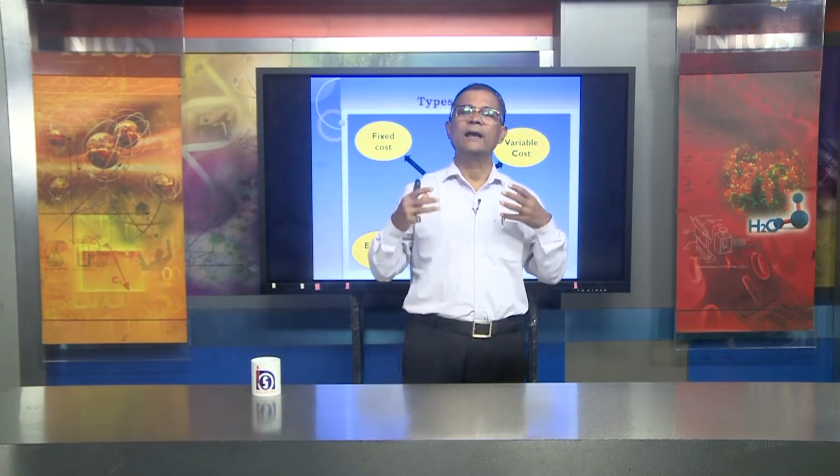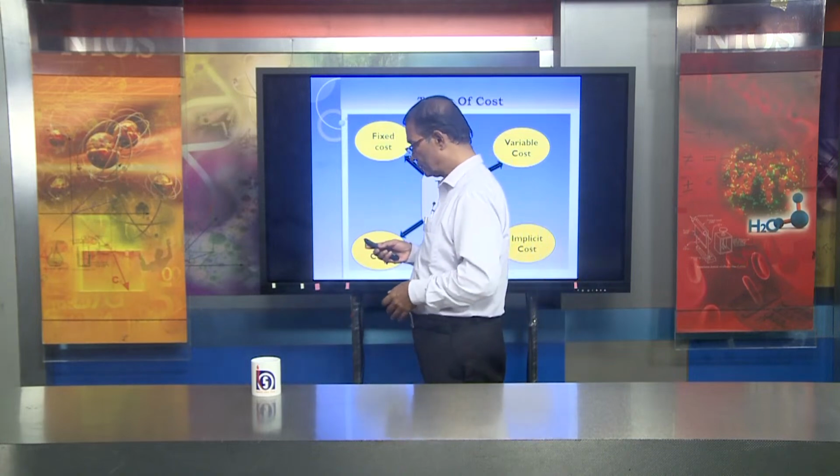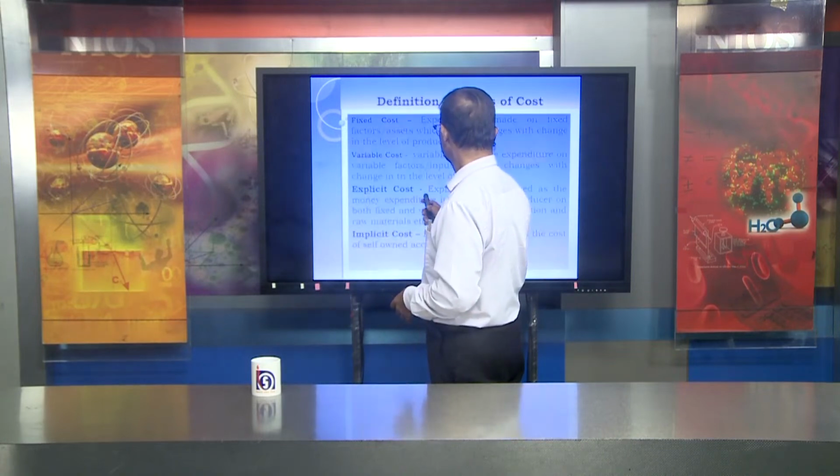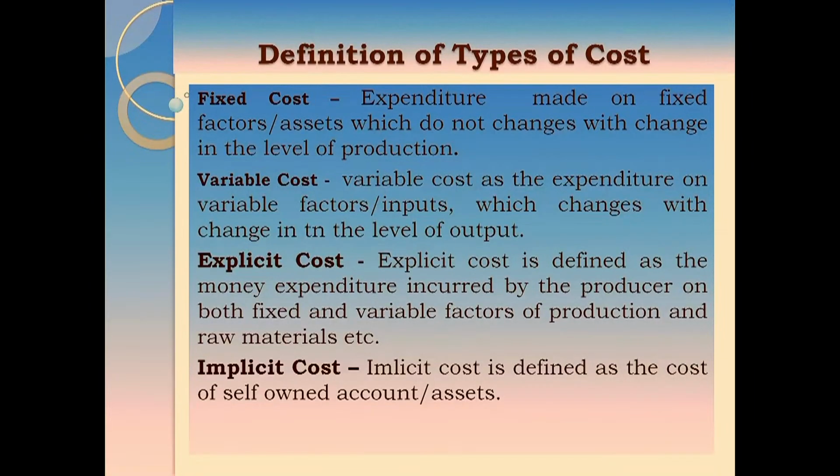So these are the basic concept of the types of cost which you have to understand at secondary course. आपके कोर्स के लेवल पे इसे ही समझना है, ठीक है? तो इस तरह से आप इसको समझ सकते हैं, अंडरस्टैंड कर सकते हैं. क्लियर? नेक्स्ट टू दिस, definition of types of cost.